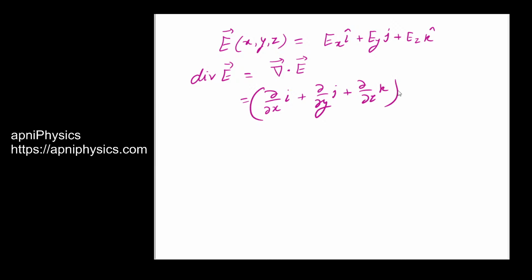Right? And then after this, the vector E, and you write the vector E as Ex i plus Ey j plus Ez k.